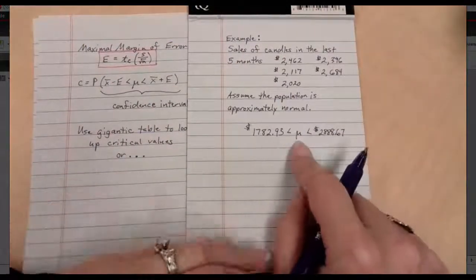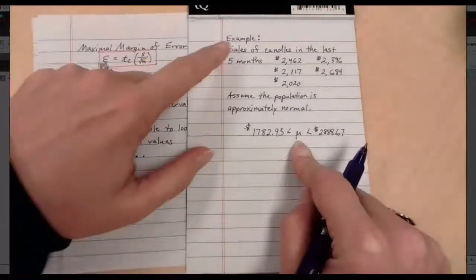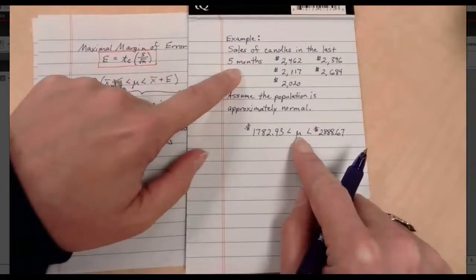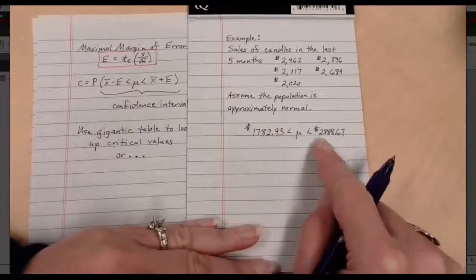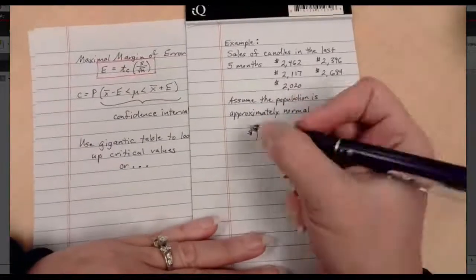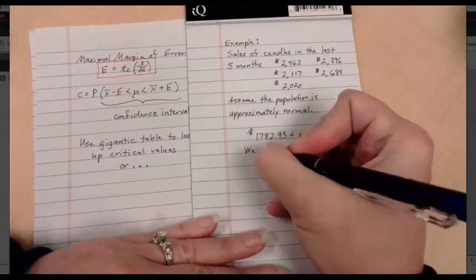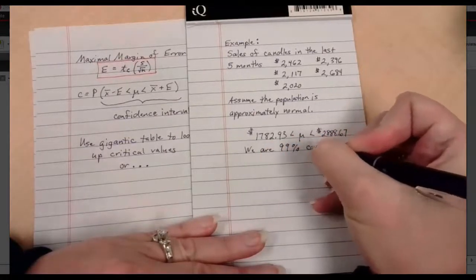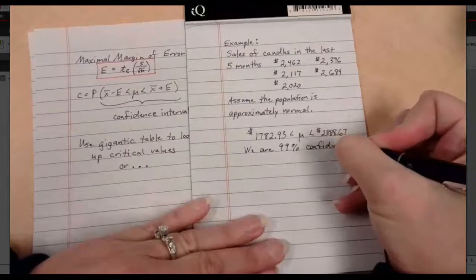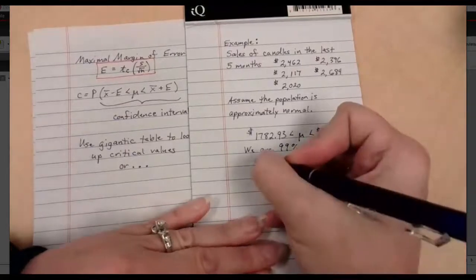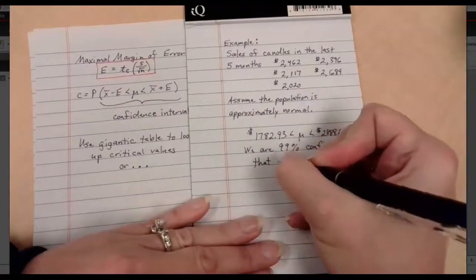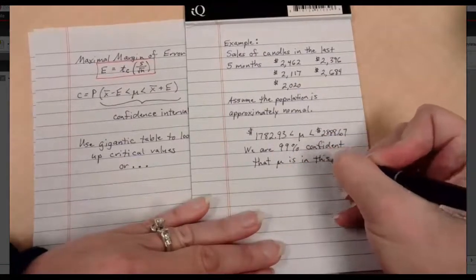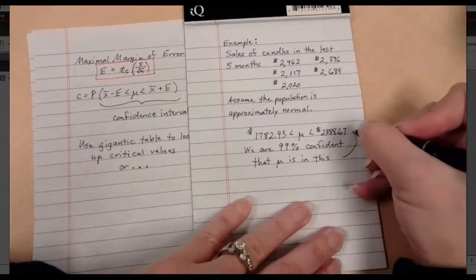So jumping back one more time, we are saying that for the sales of candles, for the monthly sales specifically, the mean is between these two values. And we are saying that we are 99% confident that mu is in this interval.